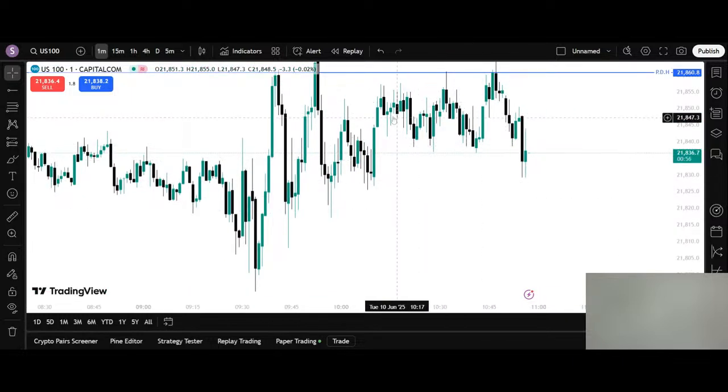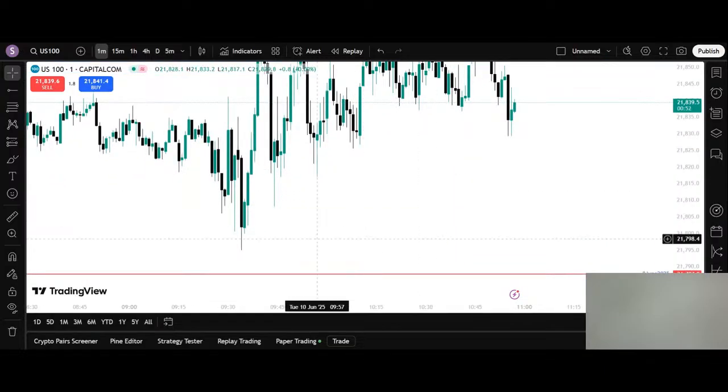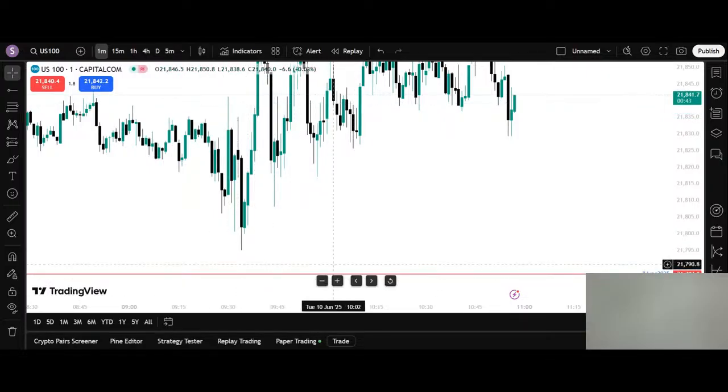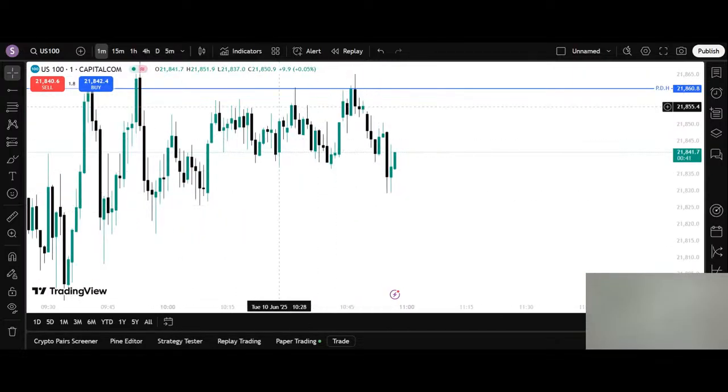Price has been consolidating all this session. If price gives me a strong bearish momentum to the downside, I'll be targeting these lows.